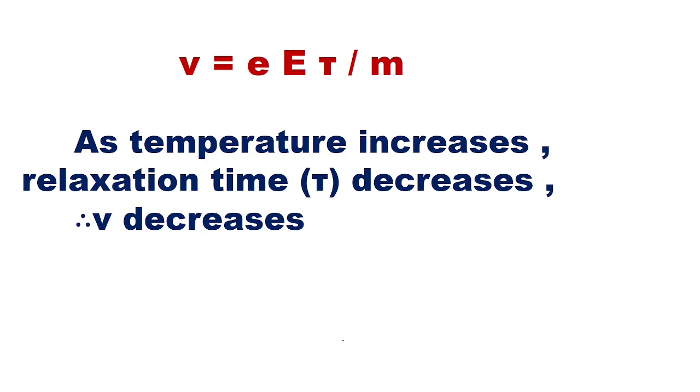As the temperature increases, relaxation time decreases, and therefore the drift velocity also decreases. So if you increase the temperature, the relaxation time in this expression will decrease, and because of that the drift velocity also decreases. Hence the second factor, the drift velocity, will decrease with increase in temperature.